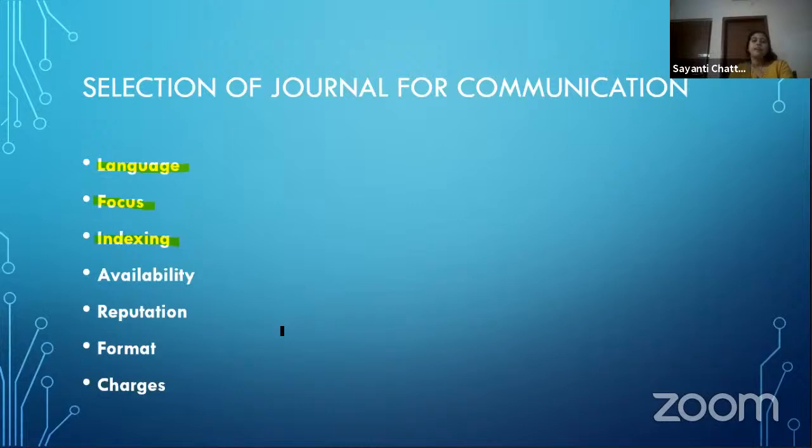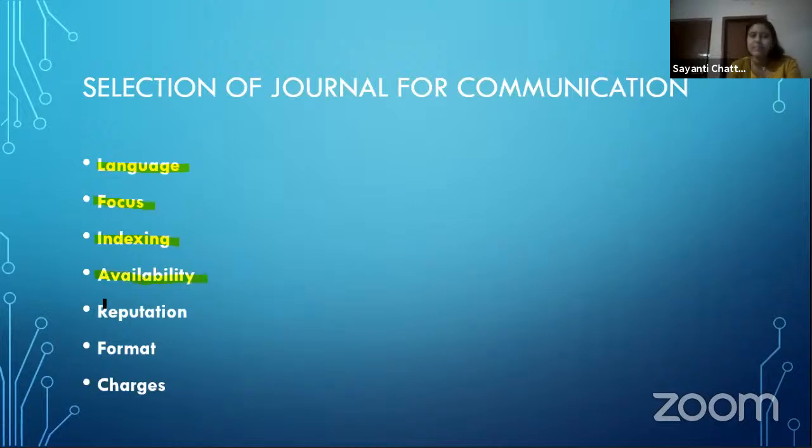Okay. So indexing is required where you are sending. Like IET journals are indexed in IEEE, so it has more value. If some journal is indexed in Elsevier, it has more value than other Scopus indexed journals. So indexing is the main important thing.